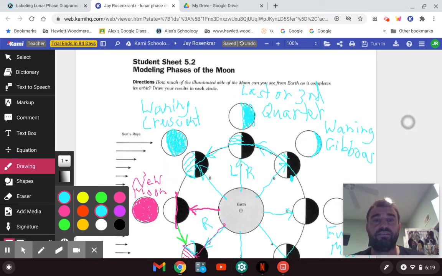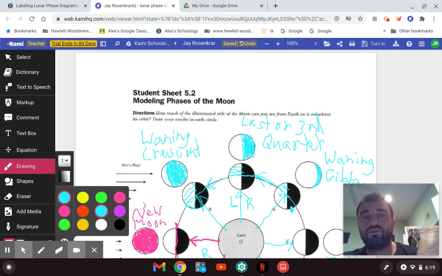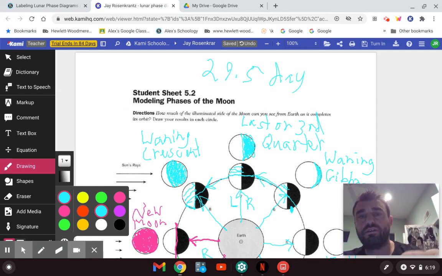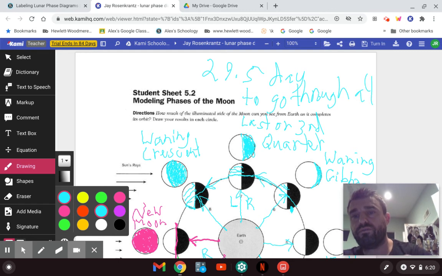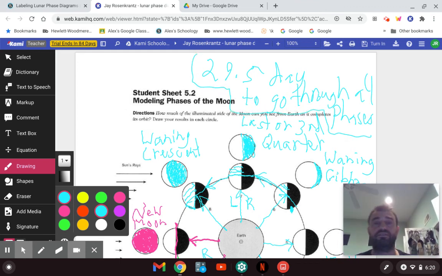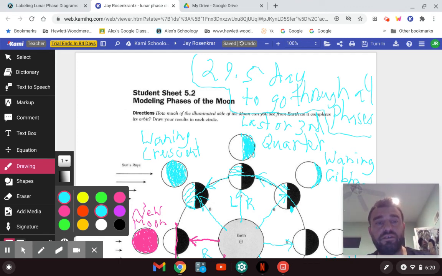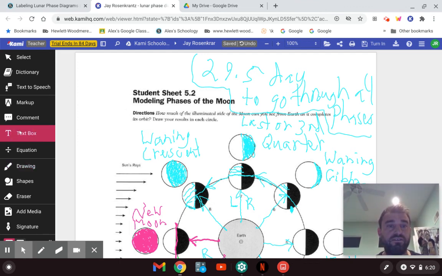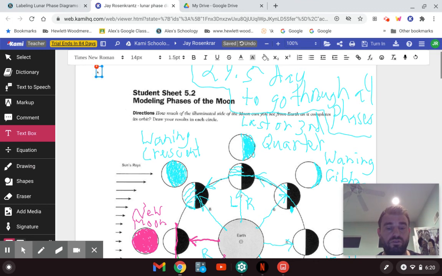Okay? And it takes 29 and a half days to go through all phases. And the motion that causes it, write this down in the text.